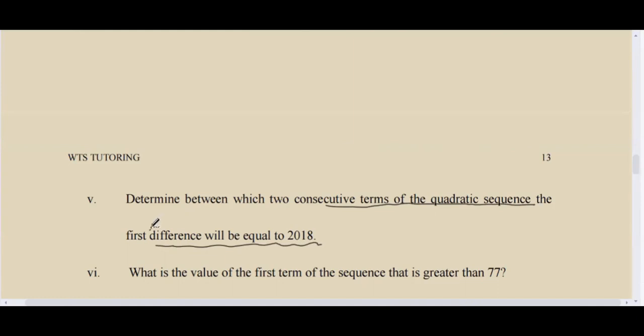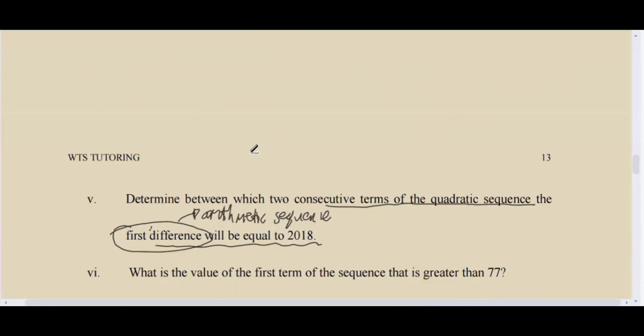Now, when we are speaking of the first difference, note this. There's a reason why I told you this before we even started with the question. I said whenever we have the first difference, it actually represents the arithmetic sequence, right? So when they say first difference, just know that they're referring to the arithmetic sequence.